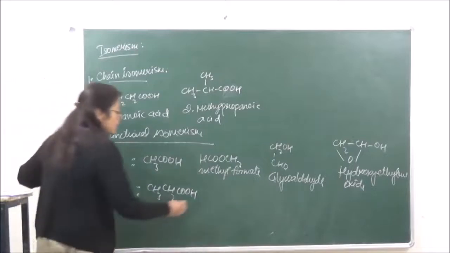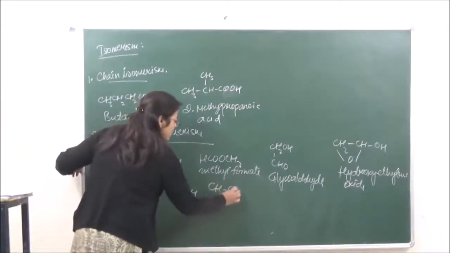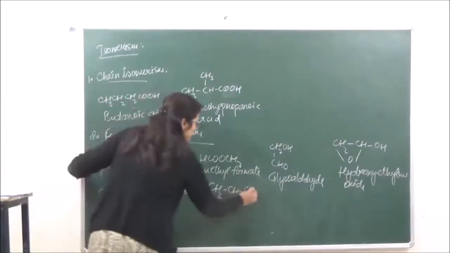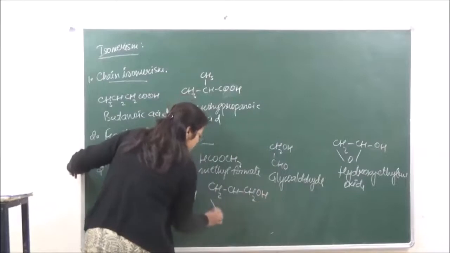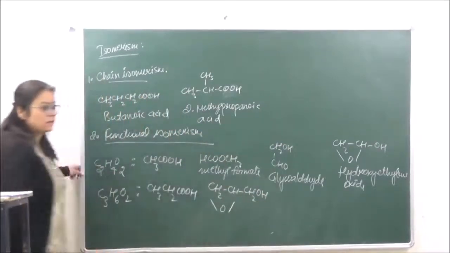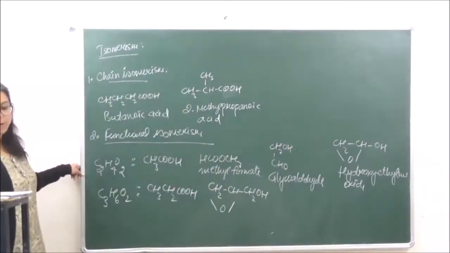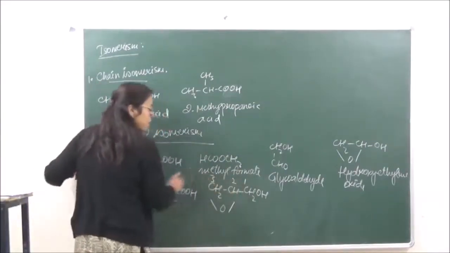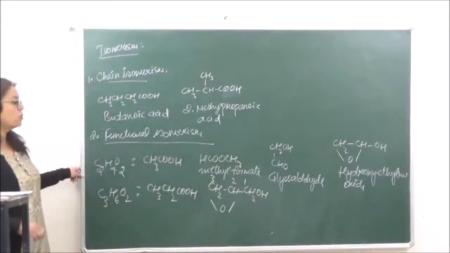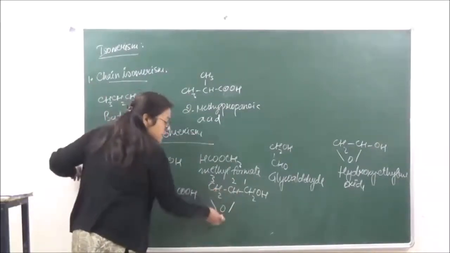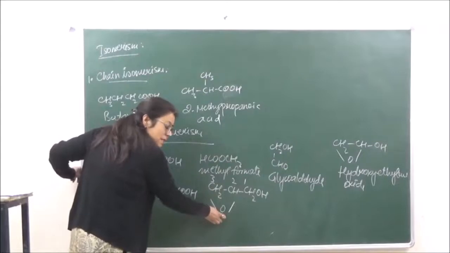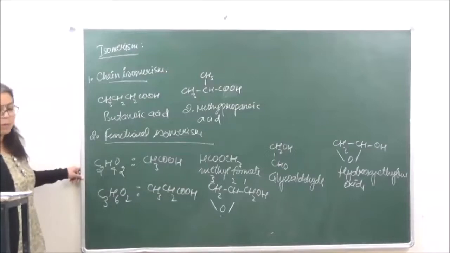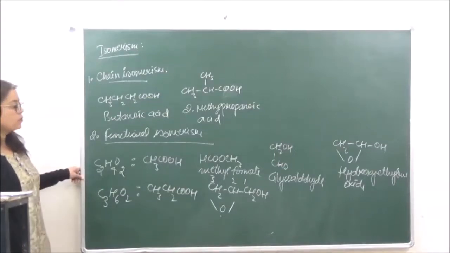Now the isomer of this can be this, which is known as 2,3-epoxypropan-1-ol. This is how you number the carbon atoms. So it is 2,3, with an epoxy group present on the second and third carbon. This is how you name it.